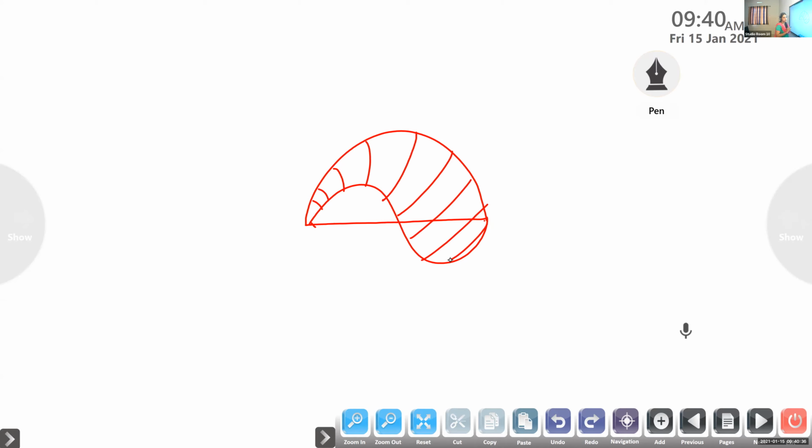It is given as A, B, C, where AB is given as 14 centimeter. This is also 14 centimeter. Find the area of the shaded region.